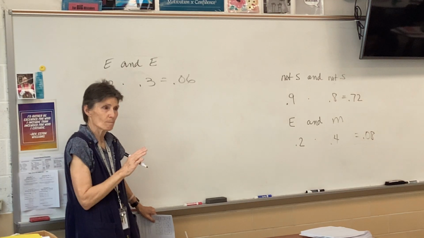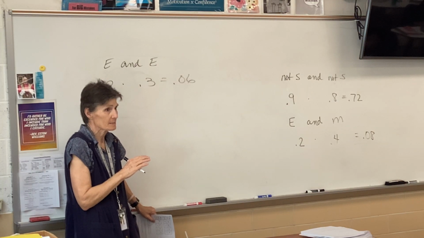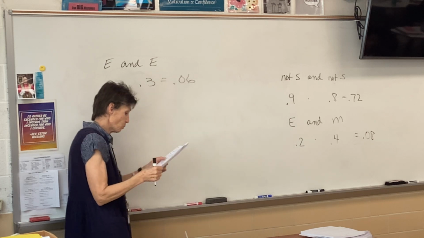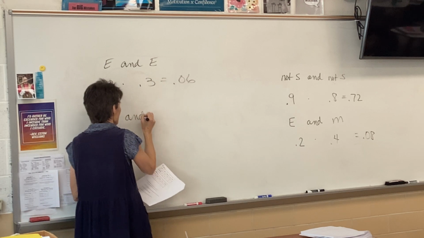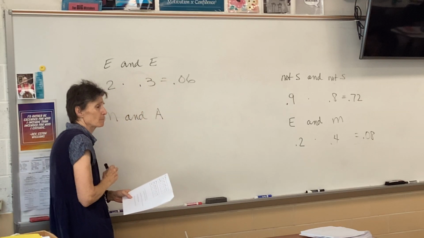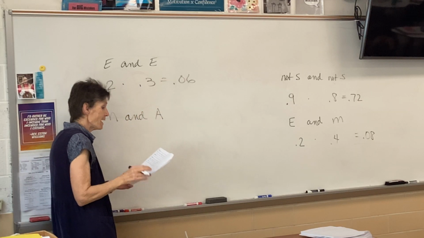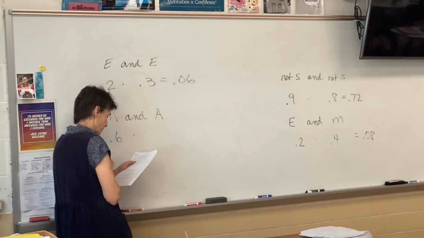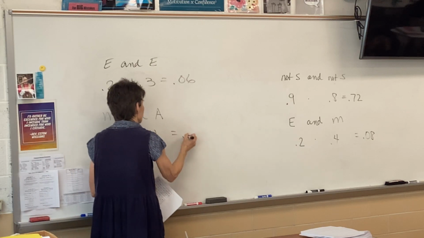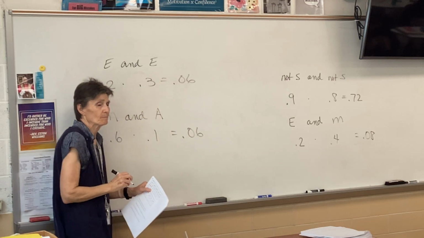Even being bored out of your minds, this is easy, right? This is easy. Last one. One likes math, and the other one likes art. Math and art. Is it 0.06?